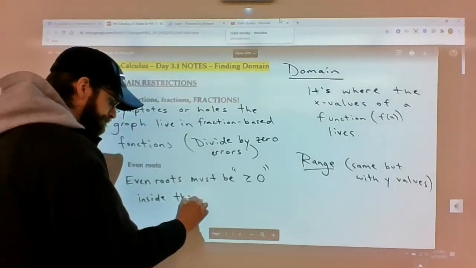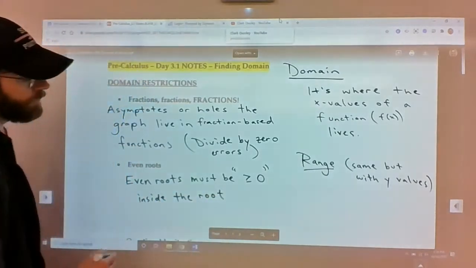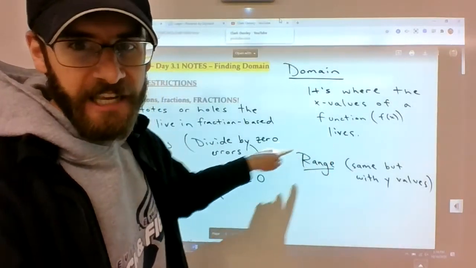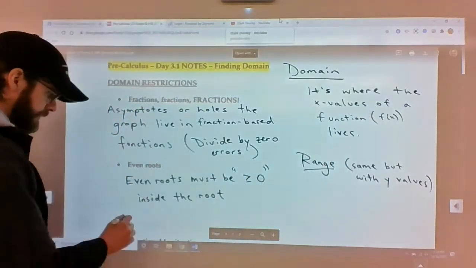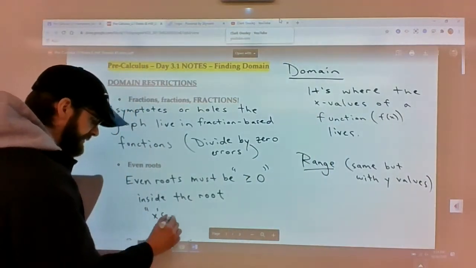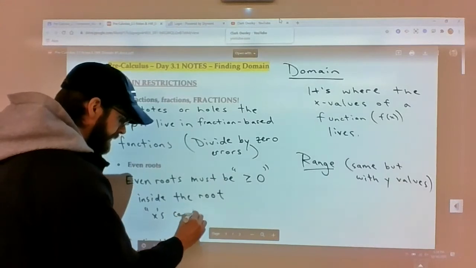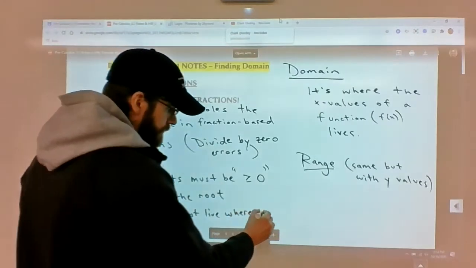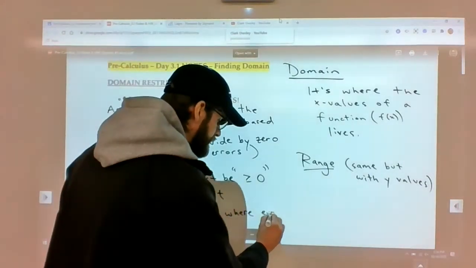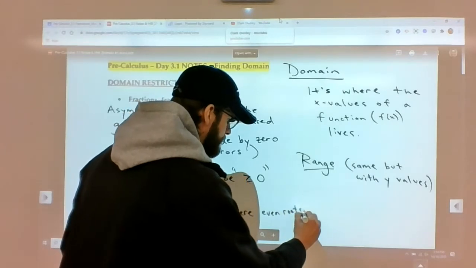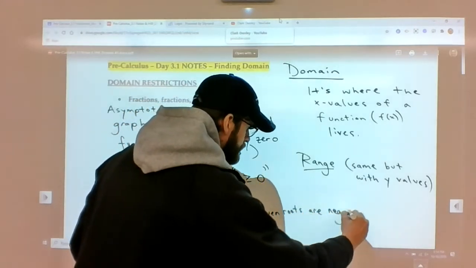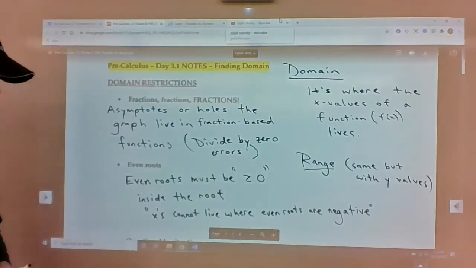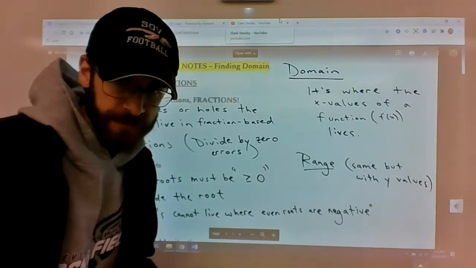The x's can't live where an even root is negative. That kind of rhymes. And of course, I'll show you examples of these.